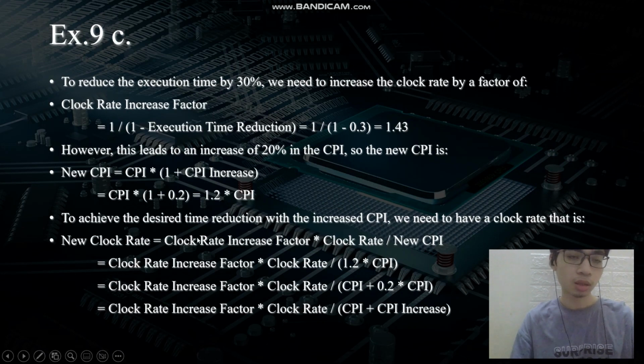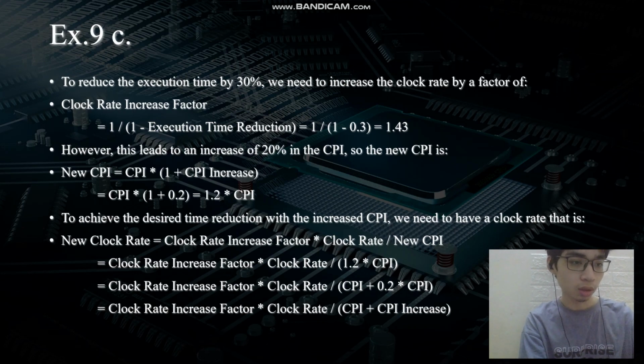For the last part of this exercise, I determine the required clock rate to reduce execution time by 30%. To do this, I increase the CPI by 20% and reduce the execution time by 30%.